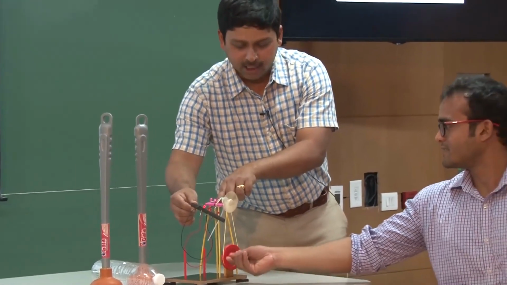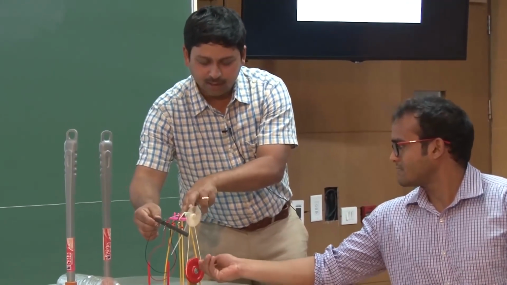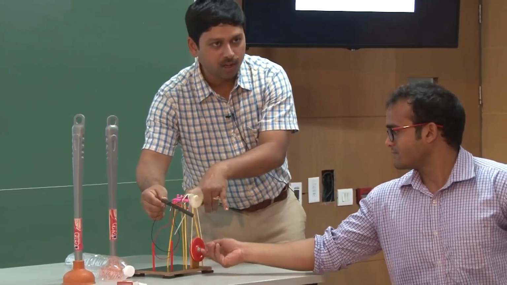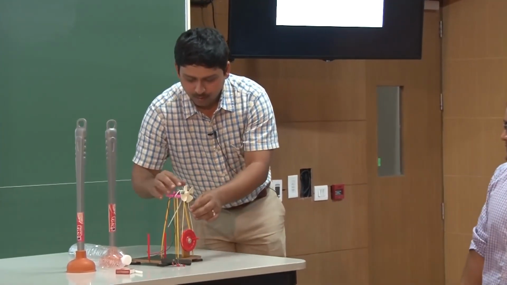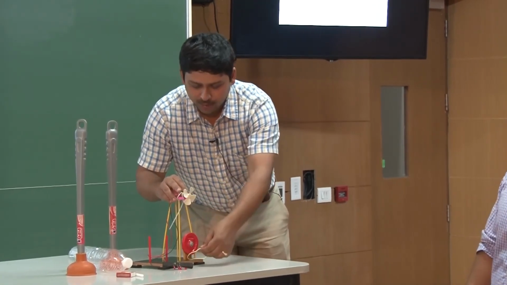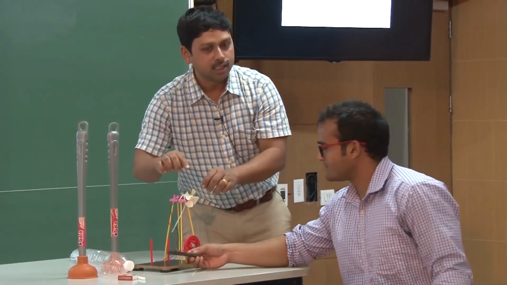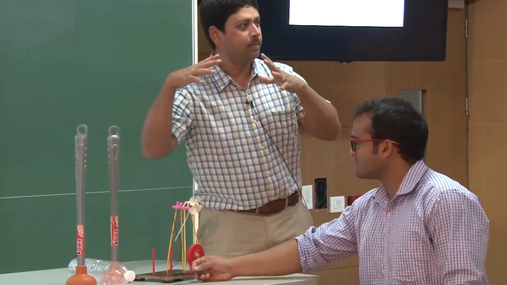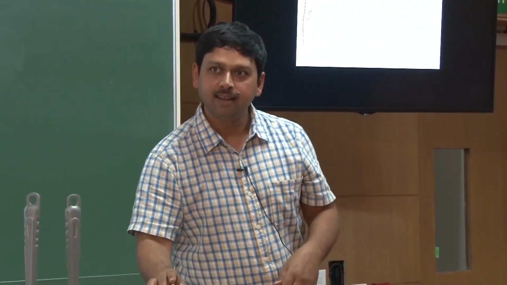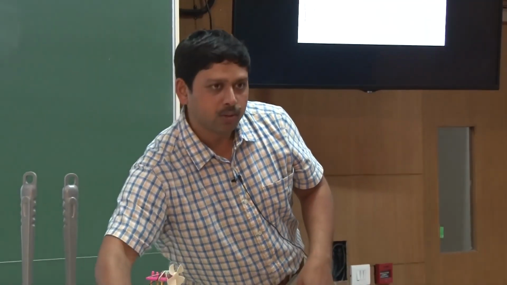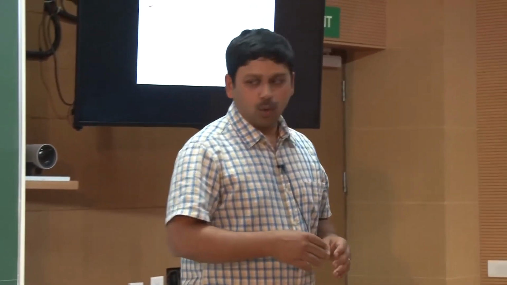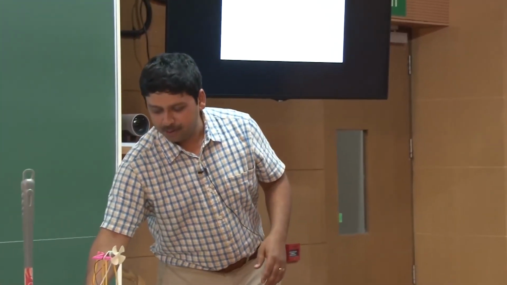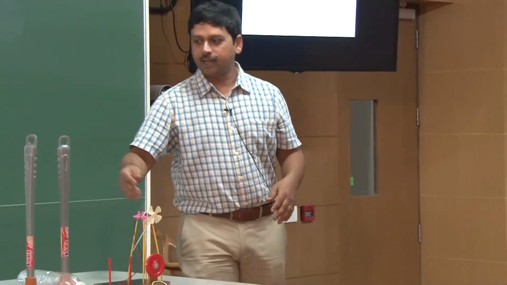Right now we are rotating the fan with the help of this pulley, but we can take it out and just blow on this. See, it has to move by the force of wind, right? We can put it in front of a fan, and then we could make this light glow. So these are different forms of energy changes that you can see here.